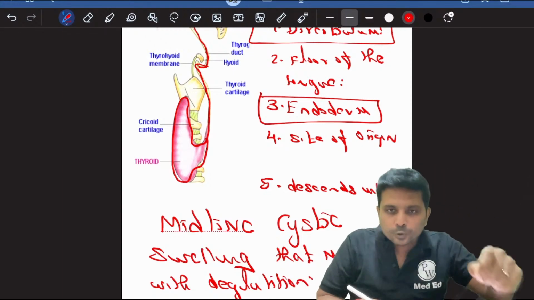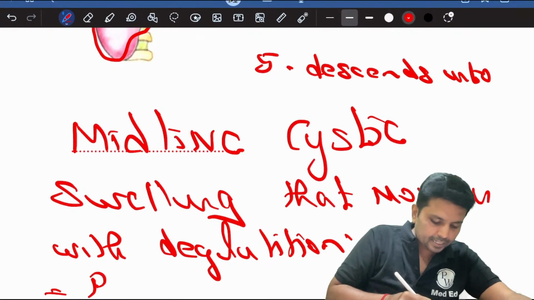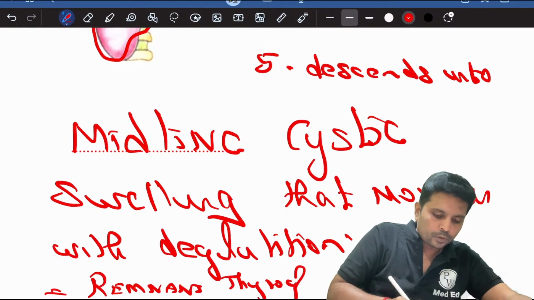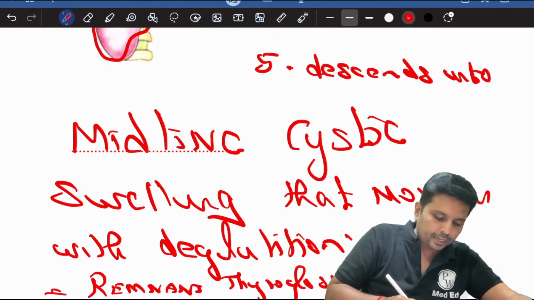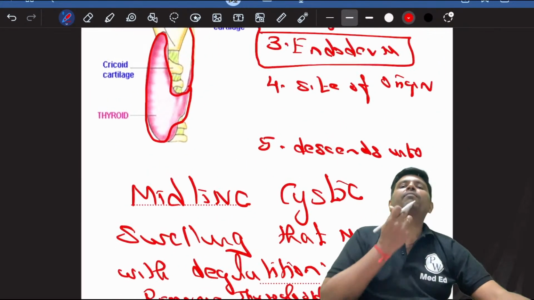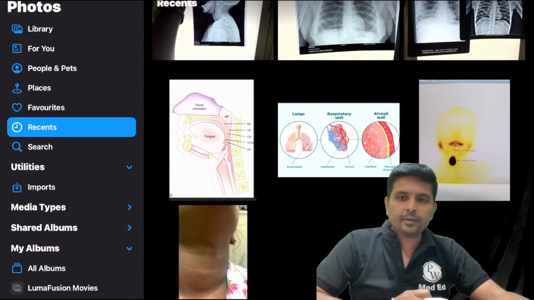Unless otherwise proved, it is a remnant of the thyroglossal duct, and it is called a thyroglossal cyst. Somewhere in the midline, a thyroglossal cyst.